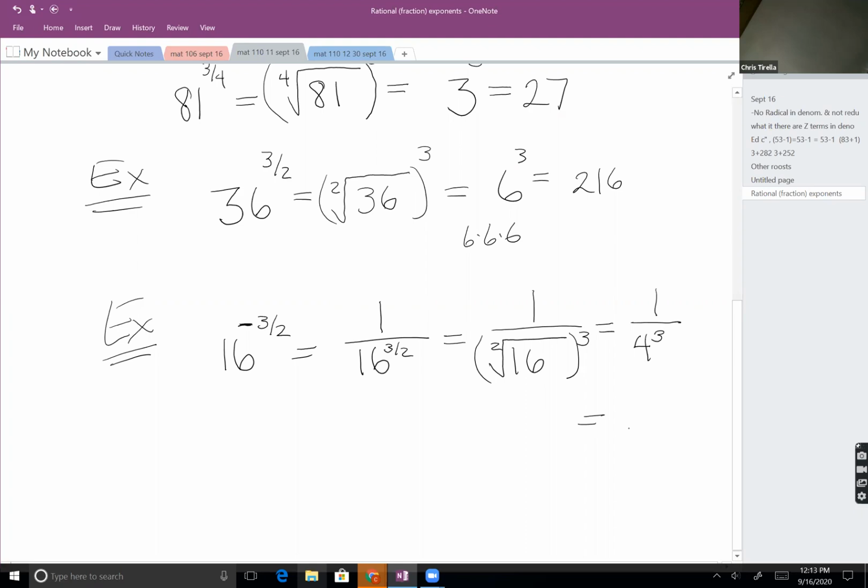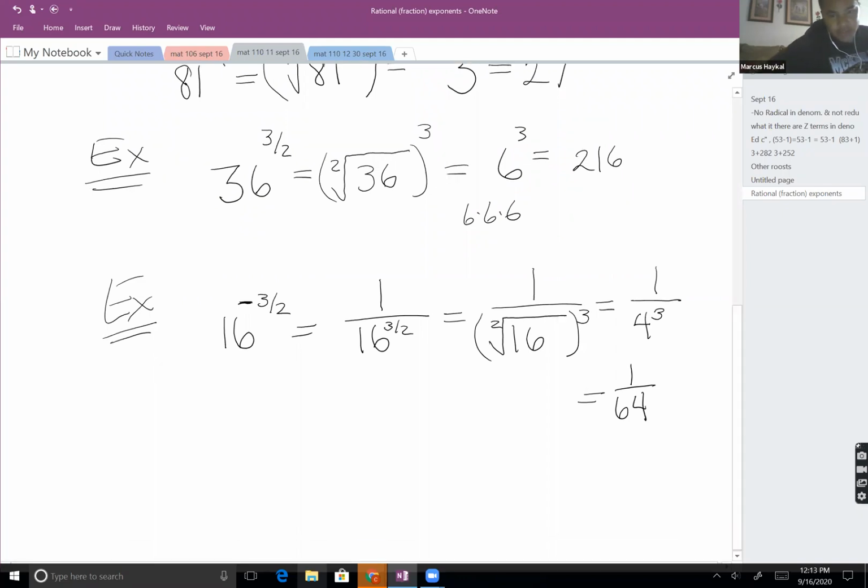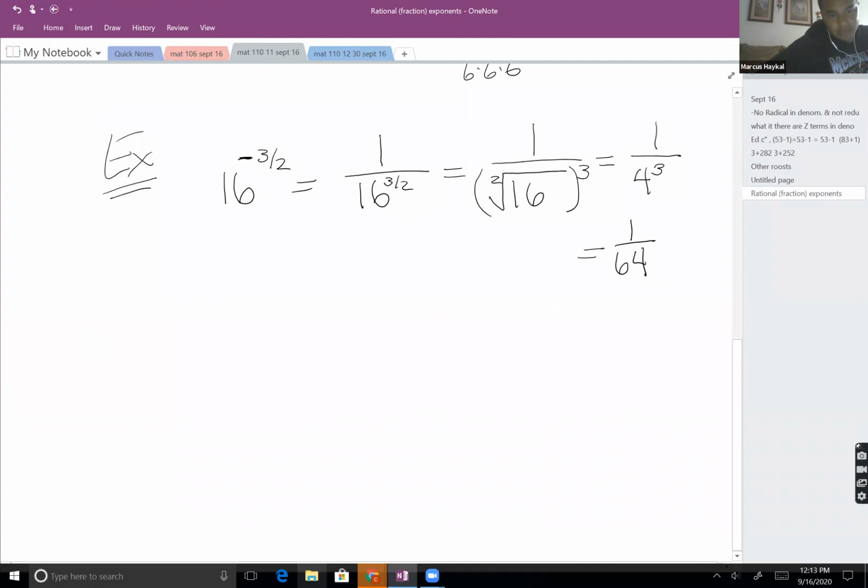And so that gives me 1 over 64. So basically, if it's negative, you write it as a fraction, and then do what we were doing for the problem before this one, and solve it from there, and that's how you get your answer.